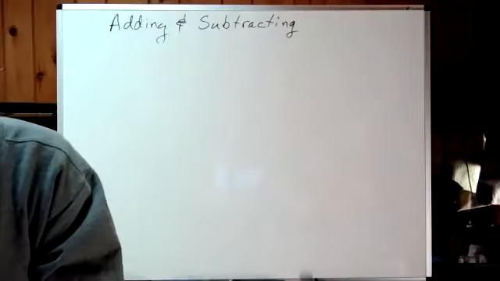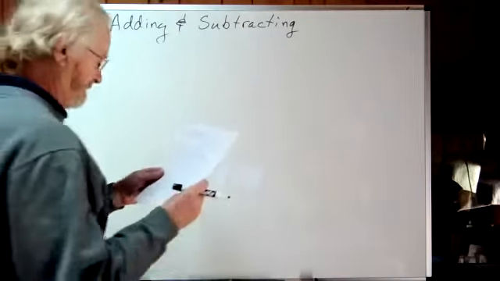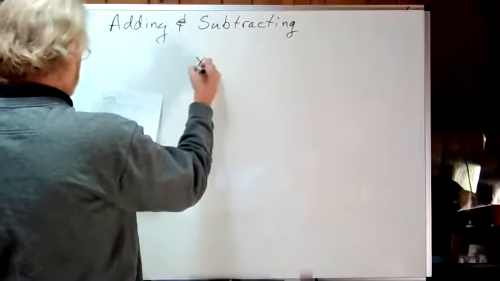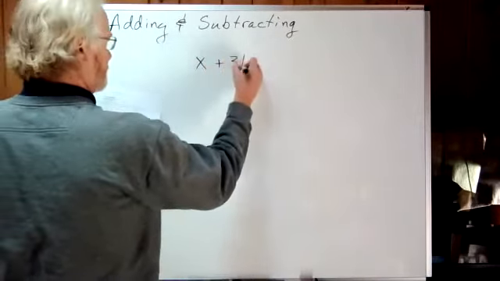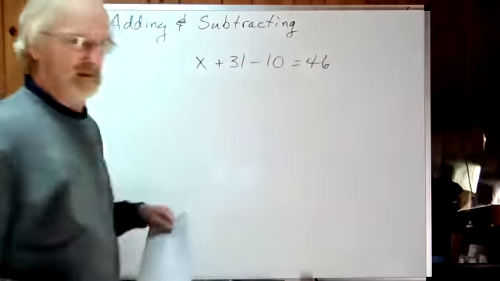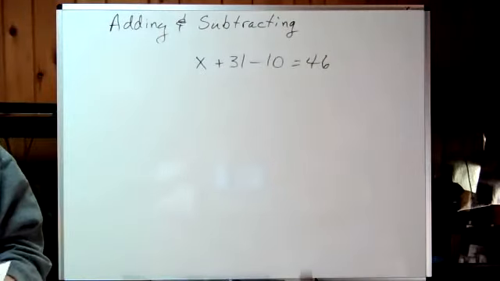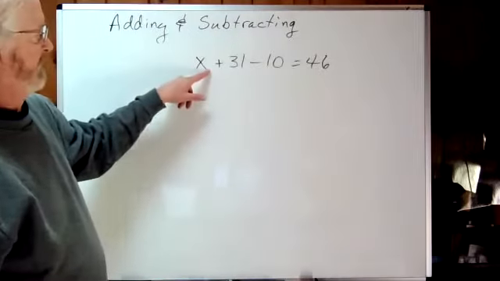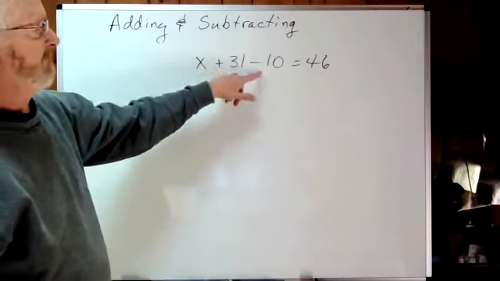Now, the textbook problems, these are kind of made up a little bit to find ways for you to have to simplify a little bit before we do what we're going to do. All right. X, some variable plus 31 minus 10.